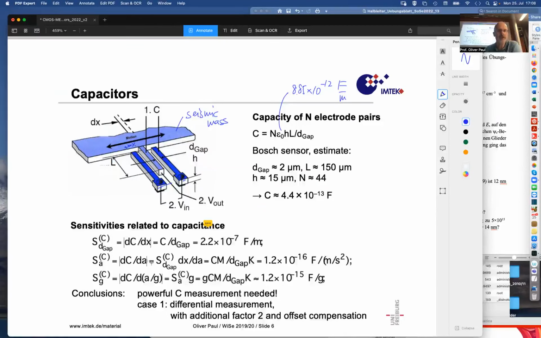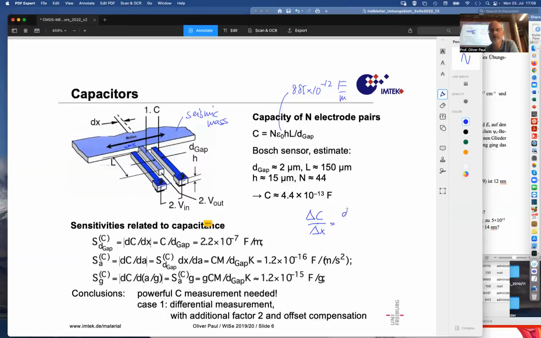If that shifts by x, the change of capacitance per x is, if I write delta C over delta X, the shift of the capacitance per shift of the seismic mass.